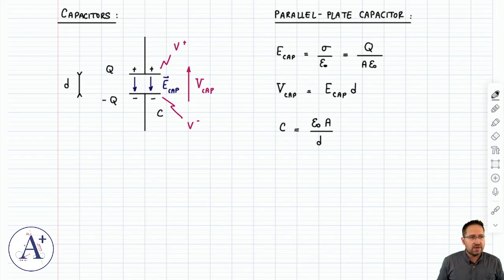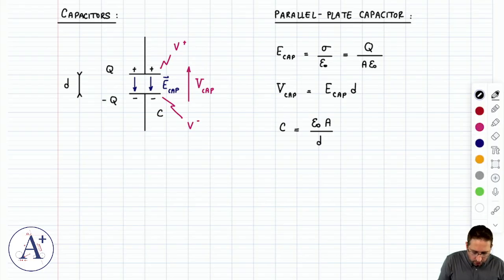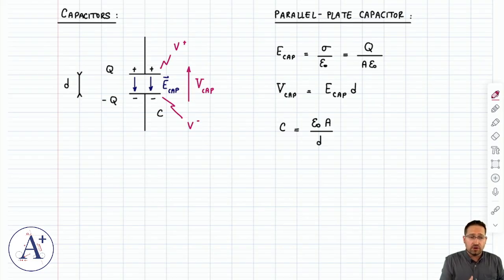plate capacitor. In general, for all capacitors, whether they're parallel plate or not, and we'll see an example of a spherical capacitor in the problems we do today, whether it's a spherical capacitor, a cylindrical one, a parallel plate, whatever, however you build it, what is always true is that Q is going to be C V by definition of capacitance.